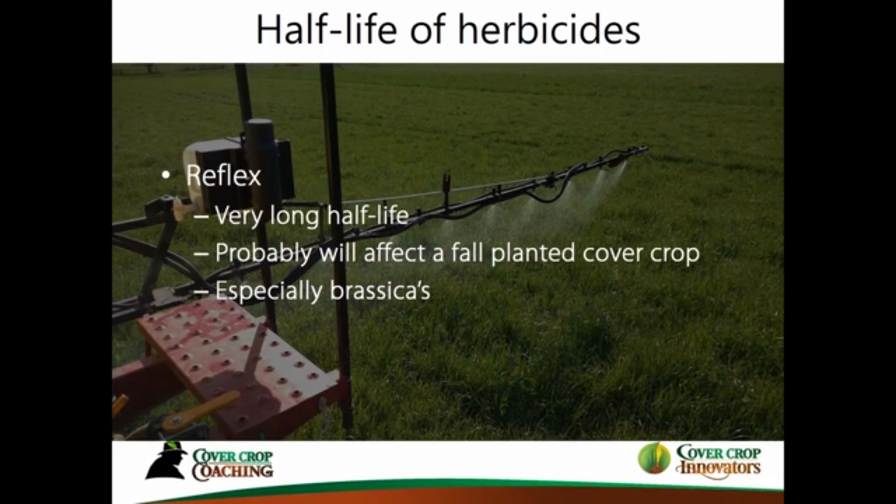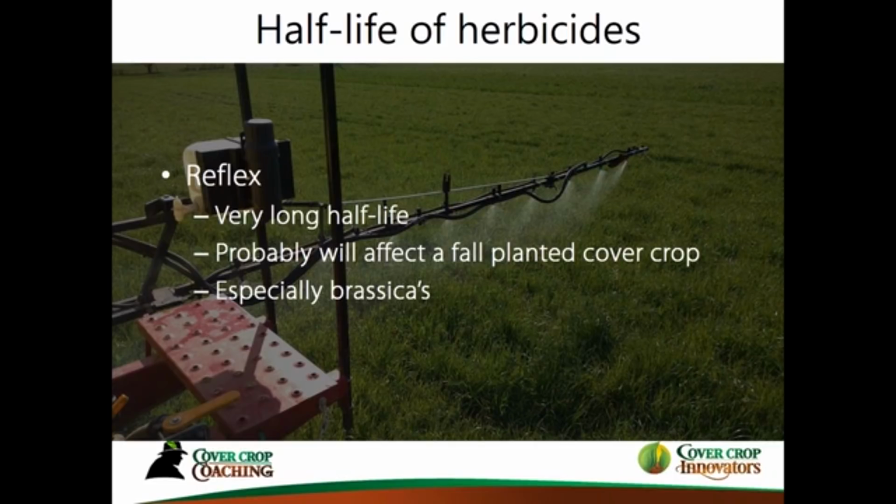So this is one of the ones that we have to be really careful with, and the reason is it has a very long half-life. It does not break down in the soil very quickly, and it probably will affect a fall planted cover crop, specifically brassicas. It's kind of well known now that if you use Reflex, you're asking for a potential challenge in your cover crop being able to survive.